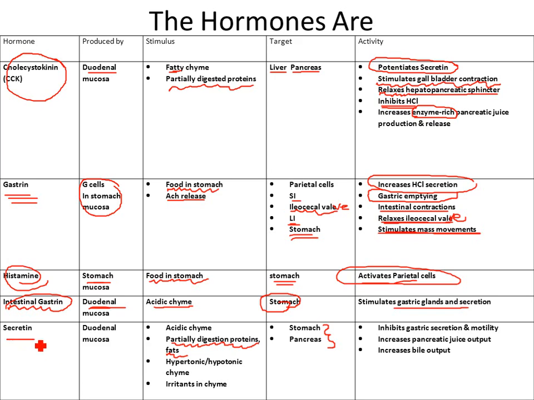And then lastly, we mentioned secretin already, secreted by the duodenum, and you can see an acidic chyme, partially digested proteins. If you have a chyme that's hypertonic or hypotonic, or even irritants. So if you eat a little digested protein, you'll have secretin production.